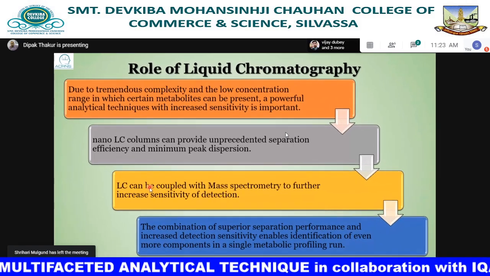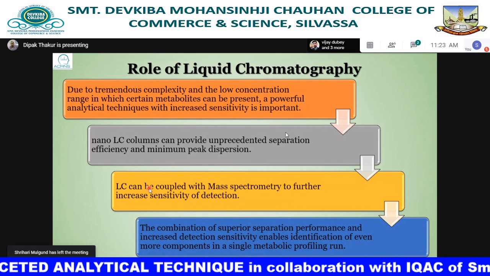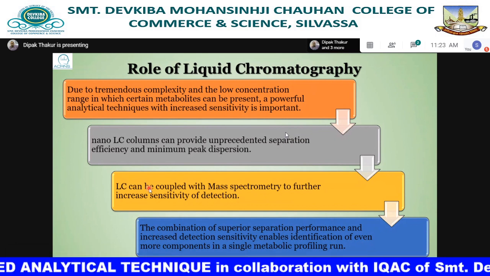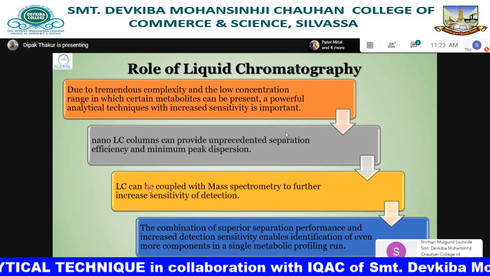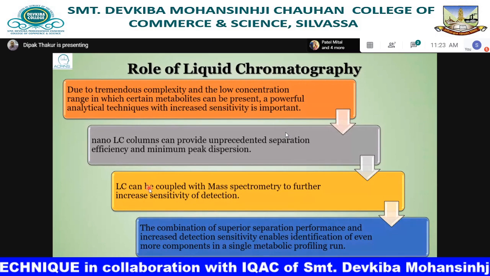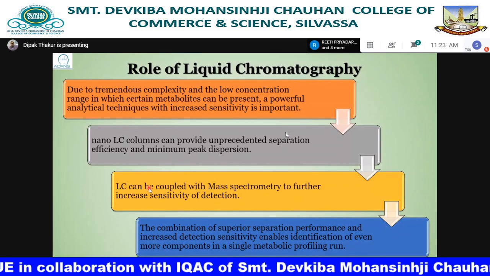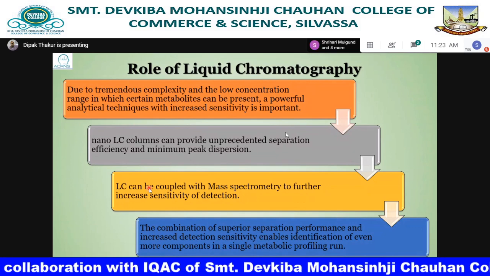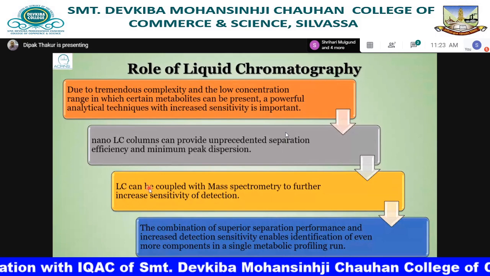As I said, it provides another dimension of separation, and it's a very sensitive detector. Mass spectrometry is the most sensitive detector. The combination of superior separation performance and increased detection sensitivity enables identification of more and more components.